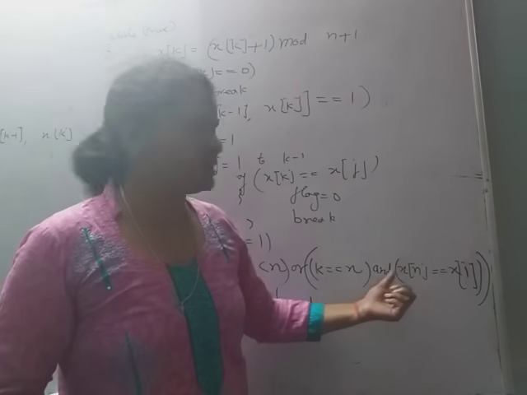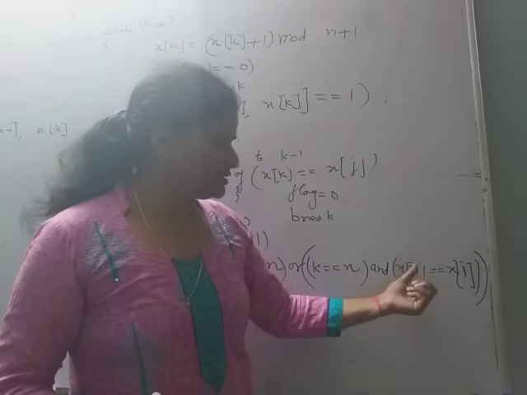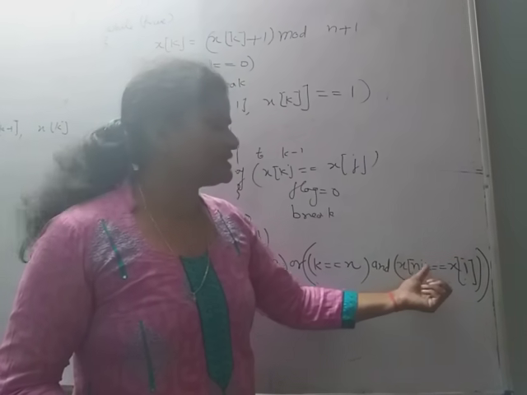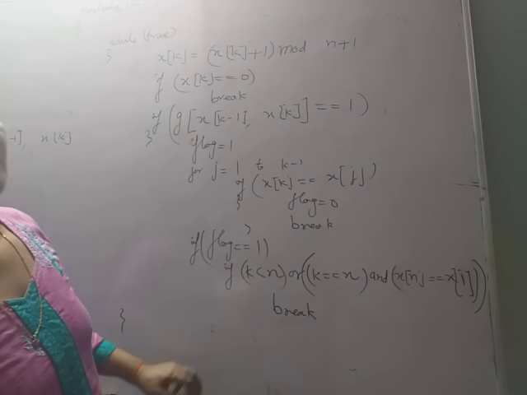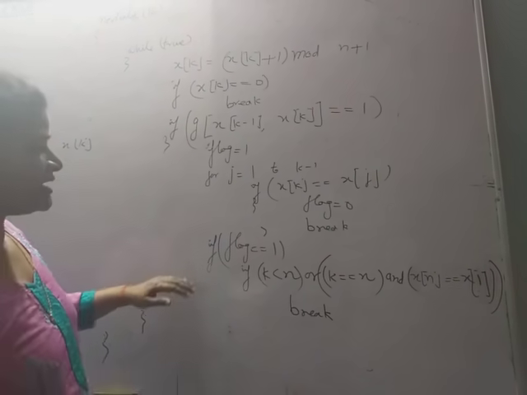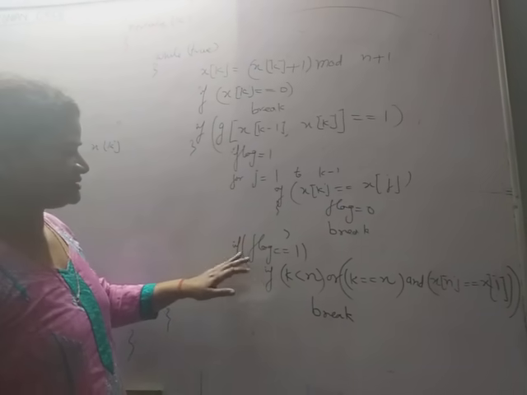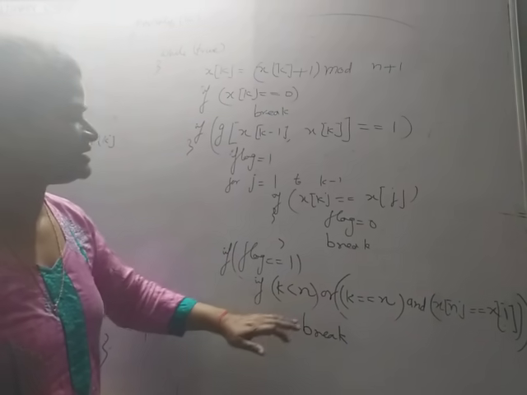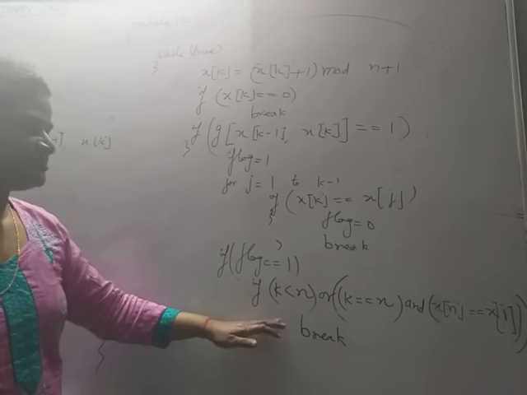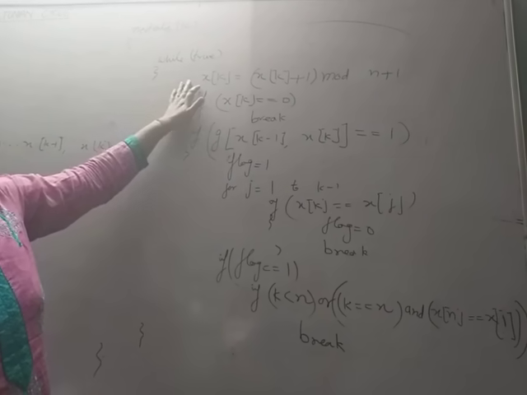Then only it will come out from the while loop. Otherwise, if flag is equal to 1 but this condition is not satisfied, it will simply go for the other solution.